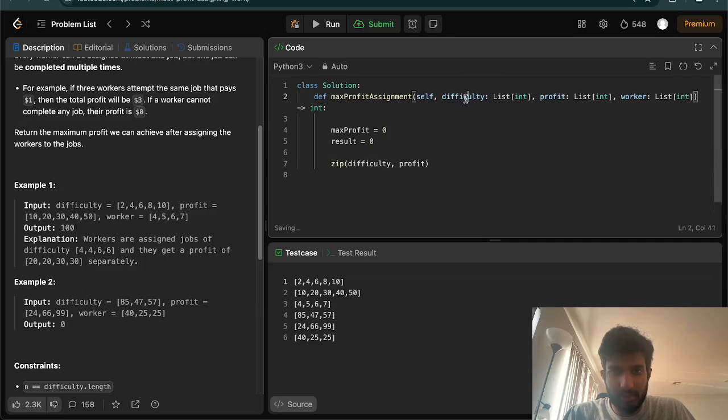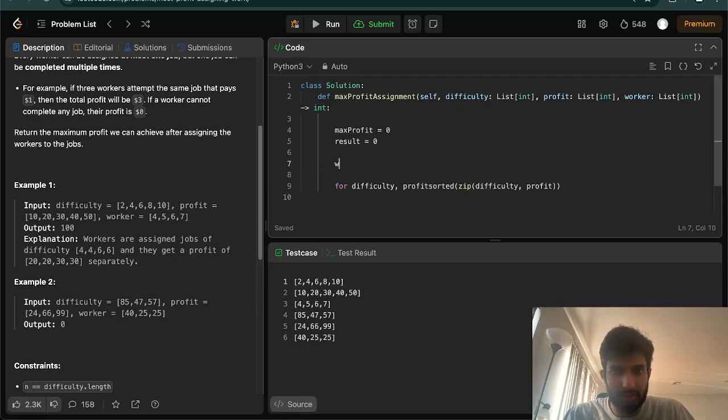Just want to see if the spelling's right. Yep. And sort this. Then I'm also going to sort the workers.